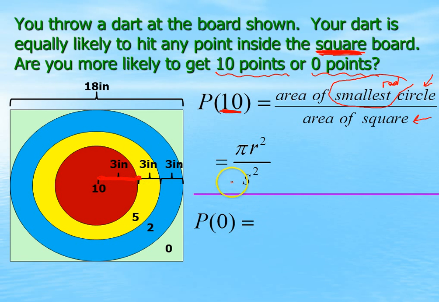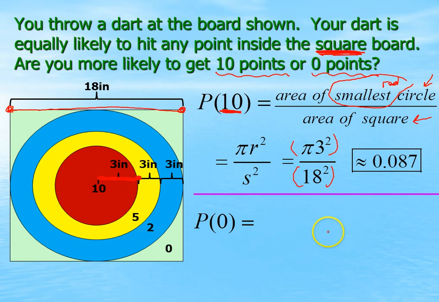And the bottom, side squared. What's the side of our board? 18. So 18 squared. Type it in, and again, type it in separately, or make sure you have parentheses on top and bottom when you're typing it in, or use your alpha y equals to do your fraction. You type it in, the probability is 0.087.